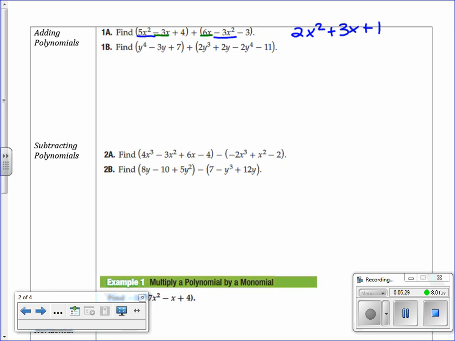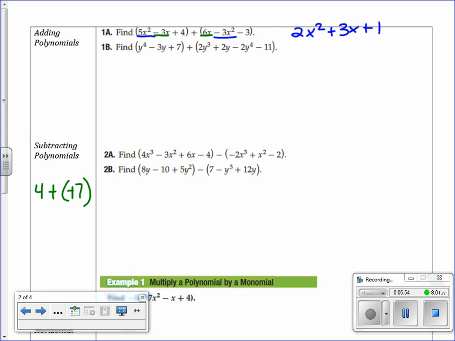Next, I want to subtract polynomials. Now, the only real major thing that you need to remember when you're subtracting your polynomials, so you don't get confused, is our rules for adding integers. If I said 4 minus negative 7, I would change it to 4 plus positive 7. Remember that rule, adding the opposite?